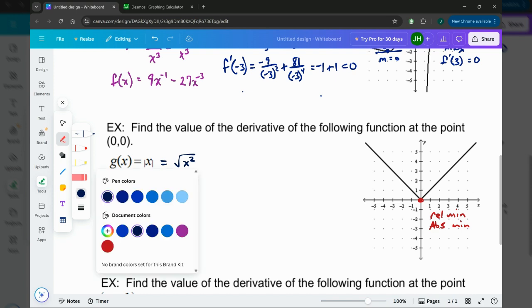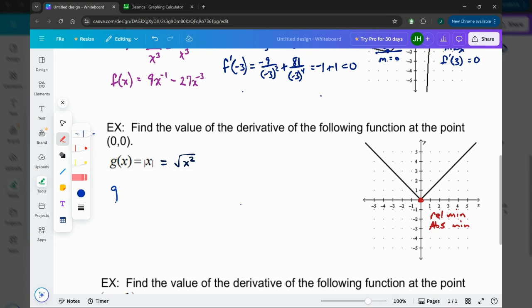Well, let's use our derivative rules. G prime of x, since this function is actually x squared to the 1/2, I would bring the 1/2 out front. X squared would now be raised to the negative 1/2. And the chain rule says the derivative of the inside would be 2x.